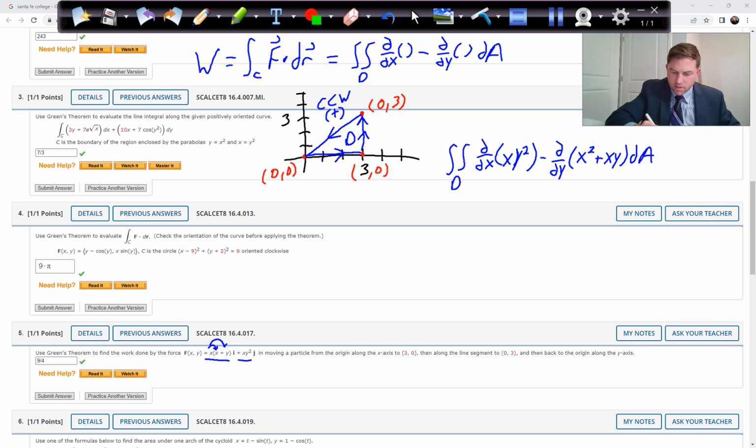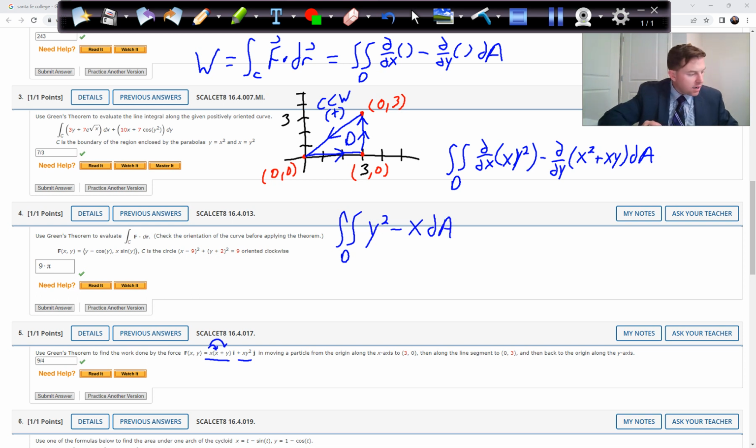And that's going to give us the double integral over region D of y squared minus the partial with respect to y, the x squared term would go away. Partial of x y with respect to y would just be x, dA.